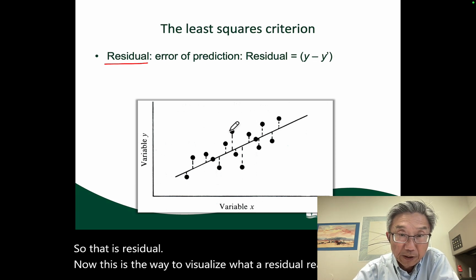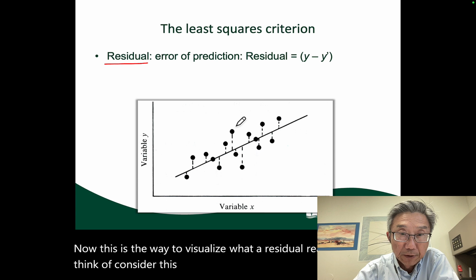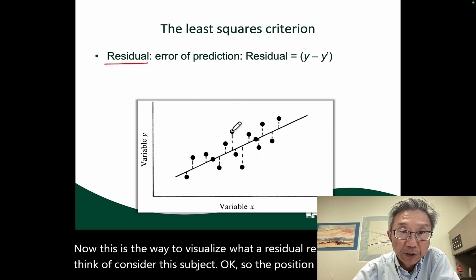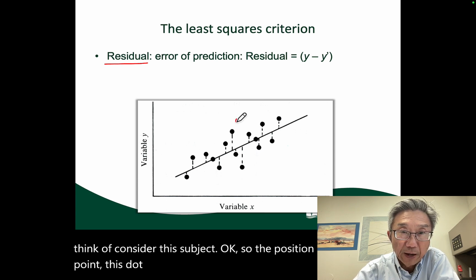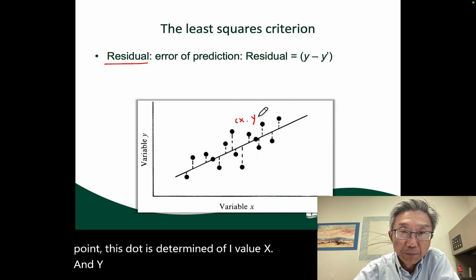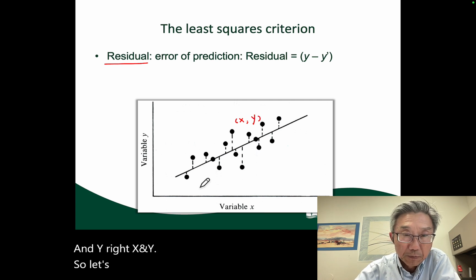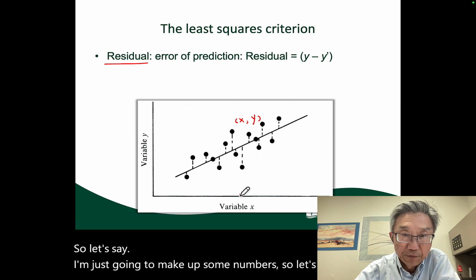Now, this is the way to visualize what a residual really is. So let's consider this subject. Okay, so the position of this data point, this dot, is determined by values x and y, right? X and y. So let's say I'm just going to make up some numbers. So let's say this is 5. I'm just going to draw something.